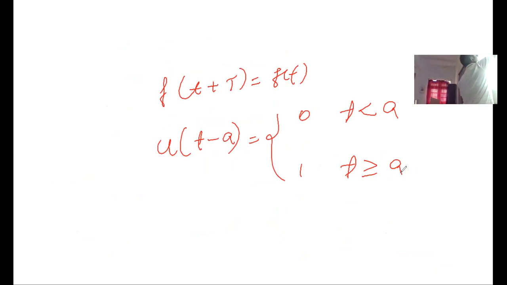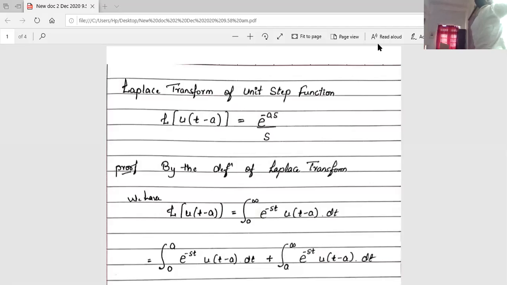We have one more theorem related to this unit step function property, and we will see that first. Your next property is the unit step function, and one theorem is there: the Laplace transform of the unit step function.